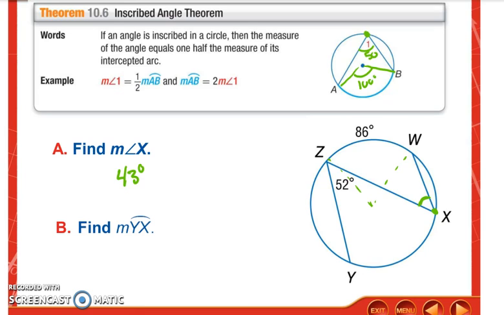The measure of arc yx, that again is the central angle measure. So here's yx right here. It's the minor arc. So if this is 52 degrees for the inscribed one, this is 104 degrees. You double it.